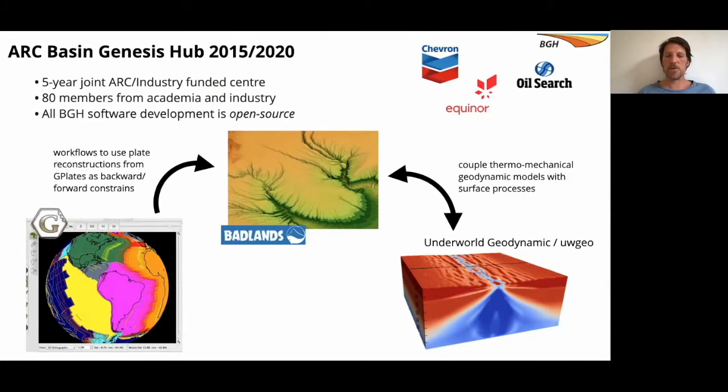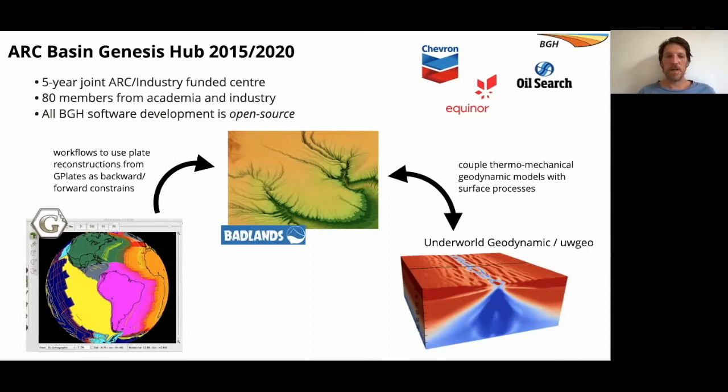As an example, over the past 2 years, and in collaboration with our partners Equinor, Chevron, and OilSearch, we have designed several workflows to use plate reconstruction from Gplates as backward-forward constraint for Badlands, and apply this approach to look, for instance, at the reconstruction of the sedimentation patterns along the Norway margin, or more recently, the evolution of the Nile Delta over the last 40 million years.